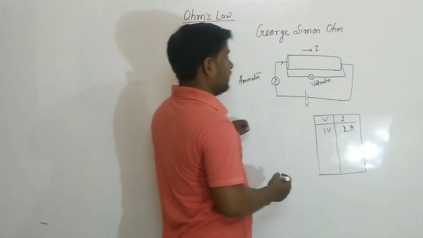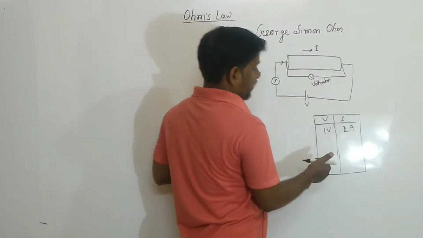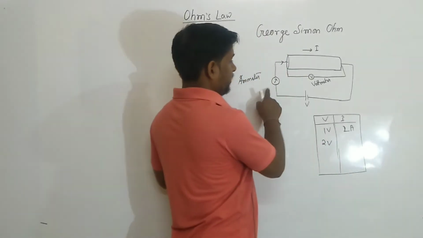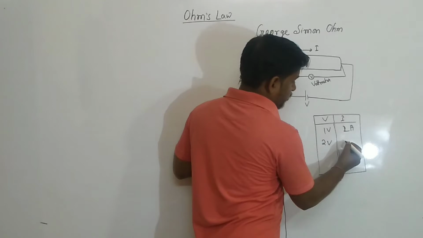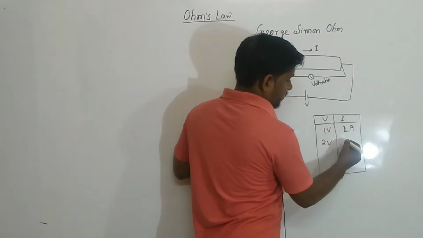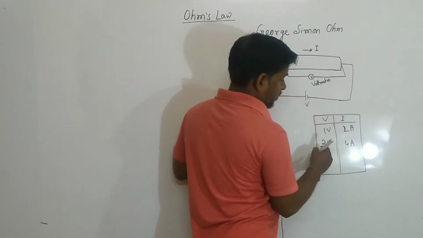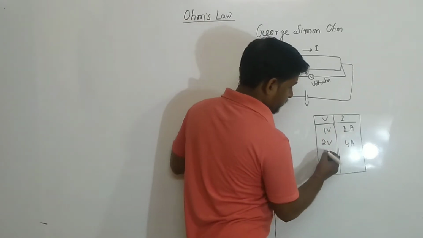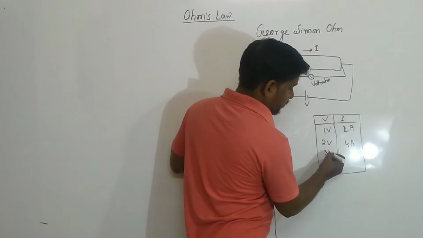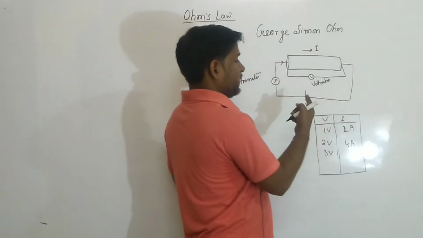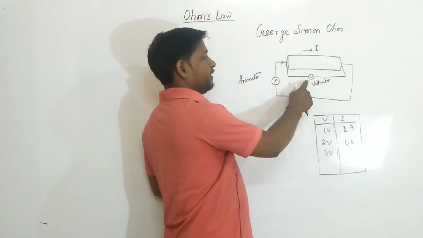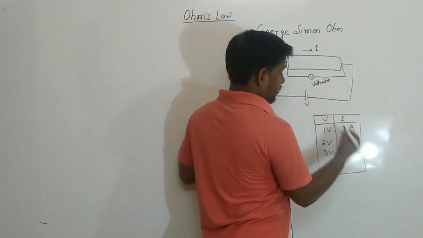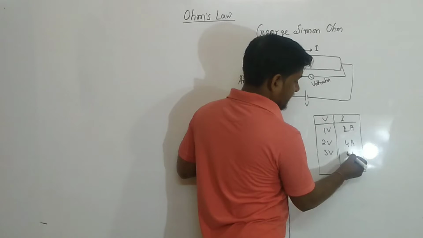When this voltage is changed to 2 volt, we find that the current in this ammeter also gets doubled, that is 4 A. That means when voltage is doubled, the value of current also gets doubled. When the circuit is adjusted in such a way that the voltage across this conductor becomes 3 volt, the corresponding current becomes 6 A.